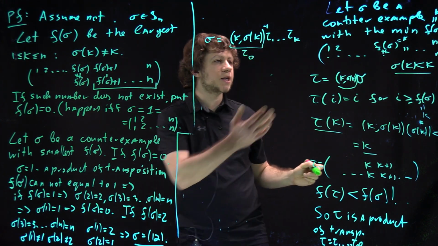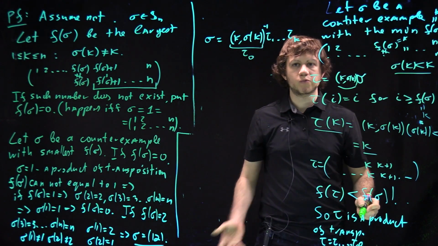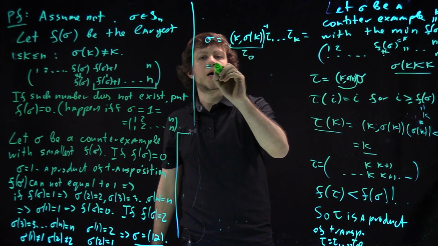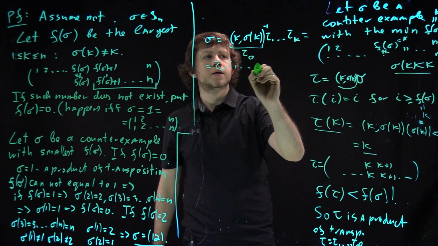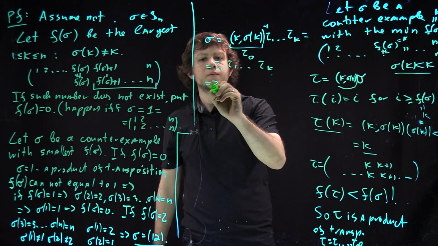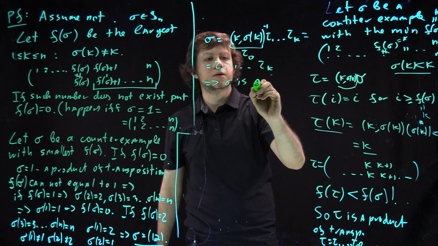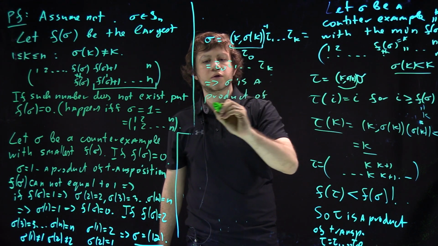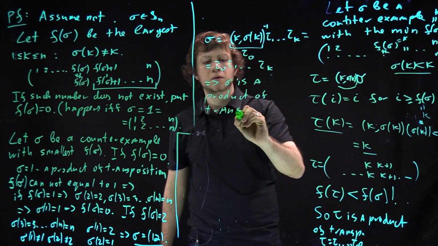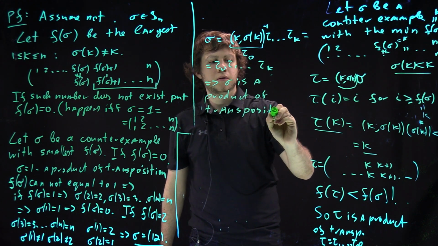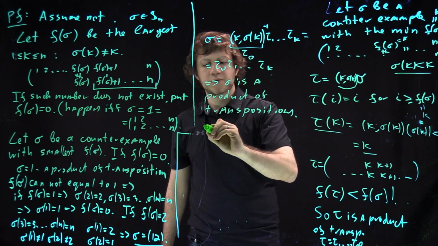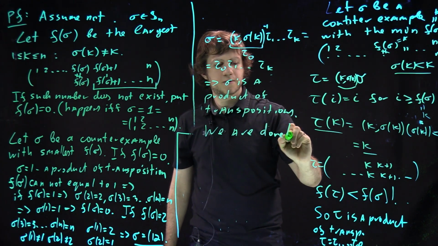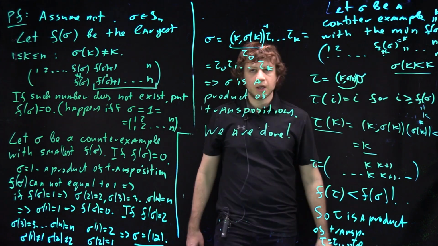We know that any transposition squared is equal to 1, so the inverse of a transposition is the same transposition. So sigma is tau 0, tau 1, up to tau l, a product of transpositions. And we are done. Yay. So that's the proof.